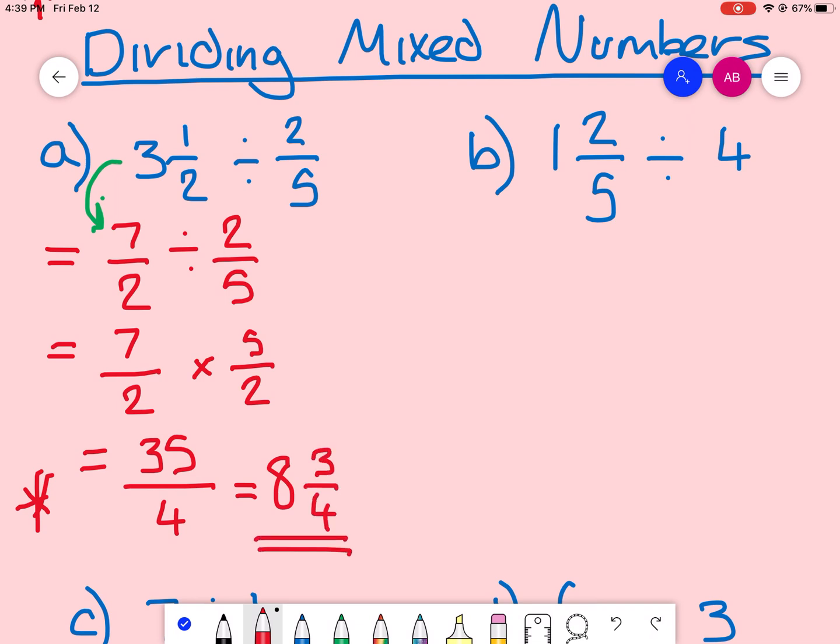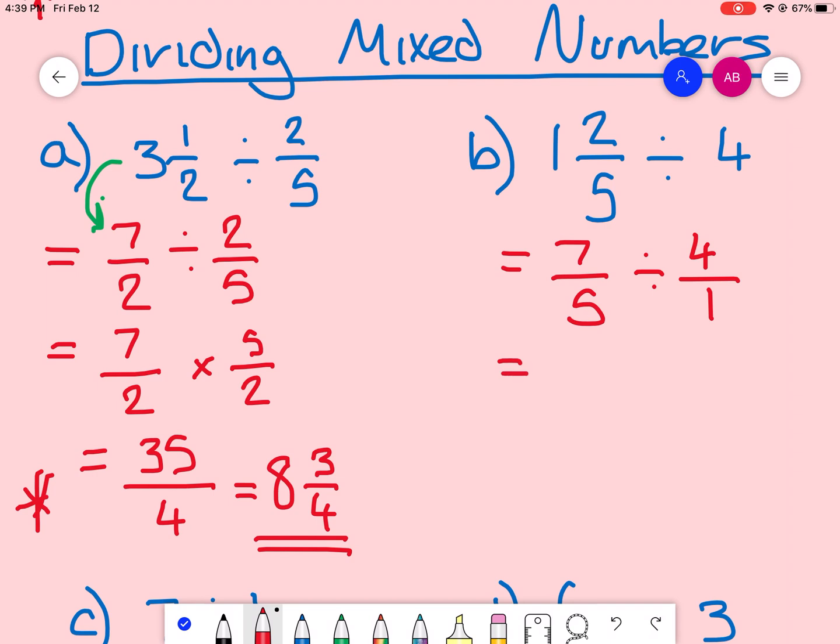Okay, the only difference with these questions and the ones we see in C and D as well will be that we are going to have a conversion first to top-heavy fractions. So the first one in part B, we can change 1 and 2/5 into 7 over 5. And then we can also change our 4 into 4 over 1.